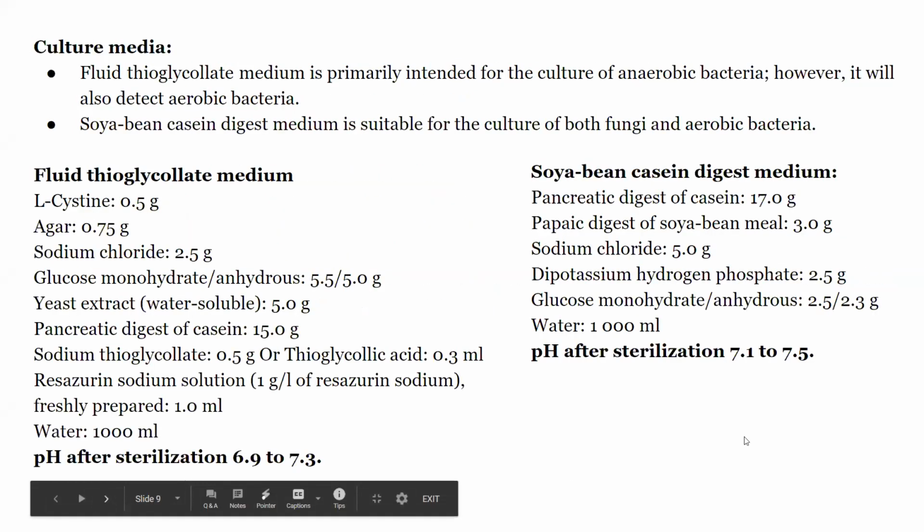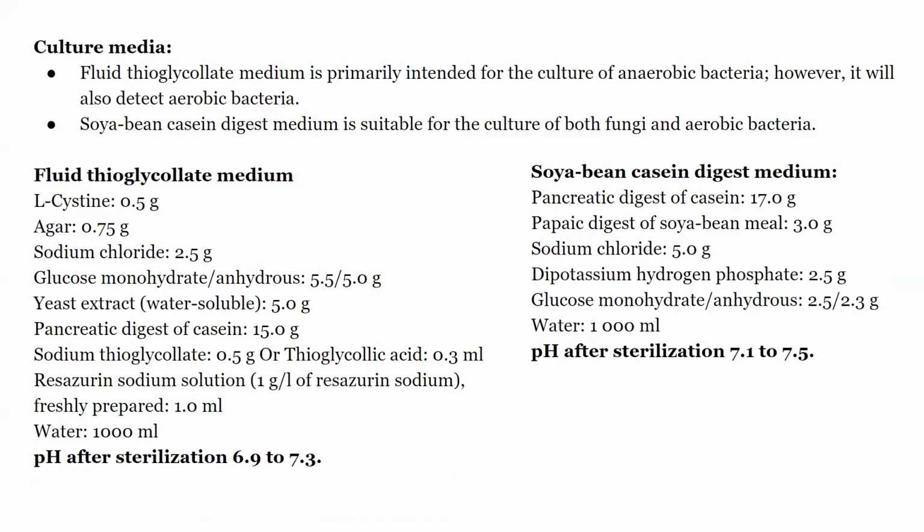The culture media used for the sterility test are generally two, unless specified otherwise in the specific monograph of the medicament. Fluid thioglycolate medium is generally used for anaerobic bacteria, but in some cases aerobic bacteria can also grow on it, whereas soybean casein digest medium is suitable for fungi and aerobic bacteria.